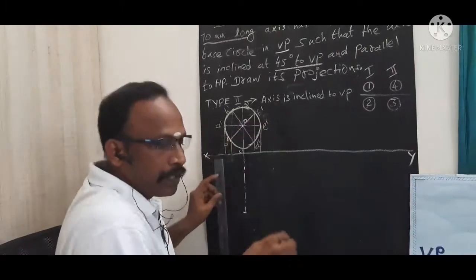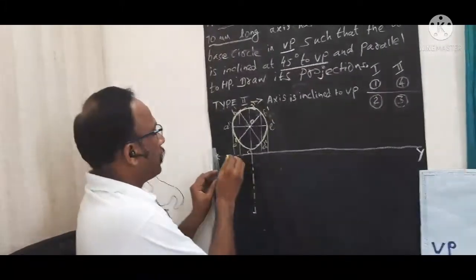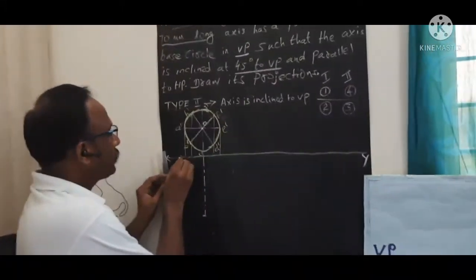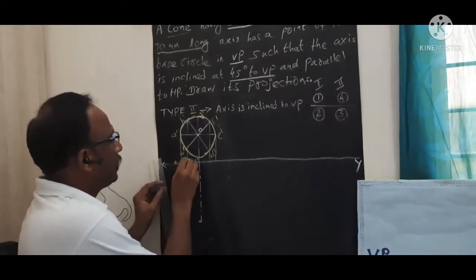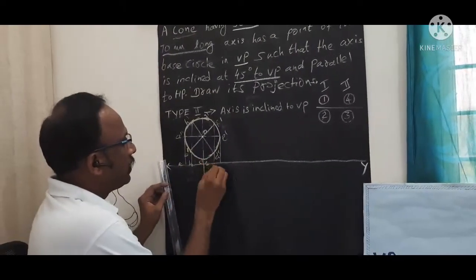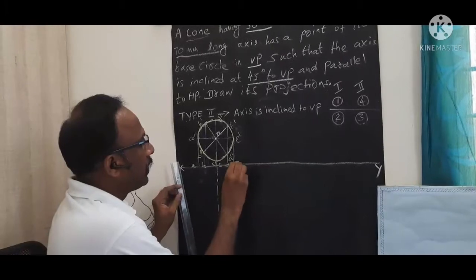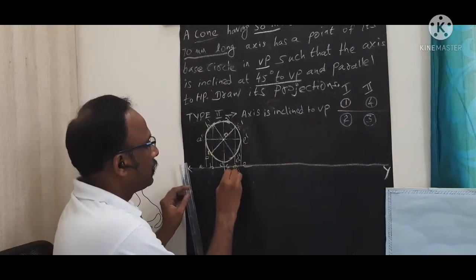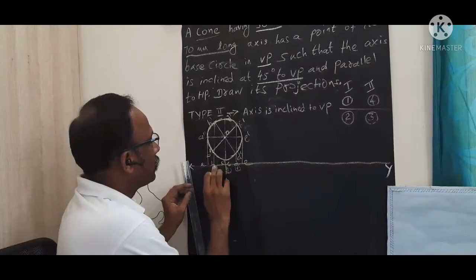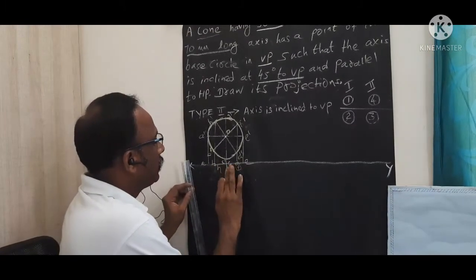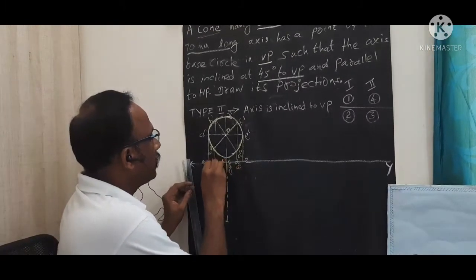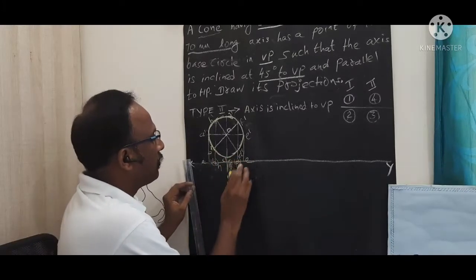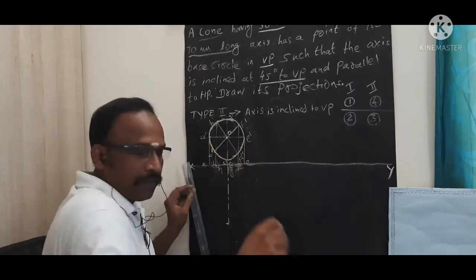Now the meeting points are named A, B, C, D, E, F, G and H. Here B, C and D are invisible, and the other points are visible.